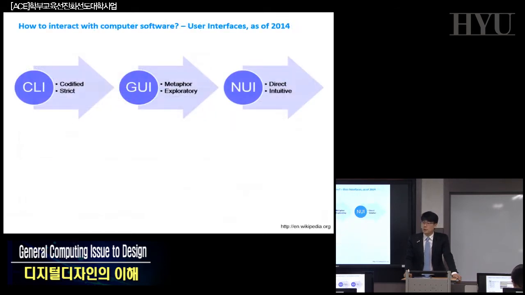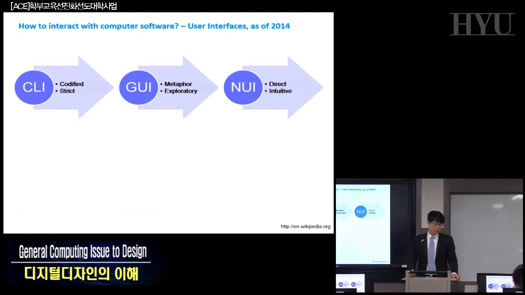No need to say more about this GUI because that's the kind of daily-life interaction we always make. But let's take a look at this very simplified history of computing interfaces, how to interact with computer software. As of 2014, we can classify them in three ways. The first one is CLI.